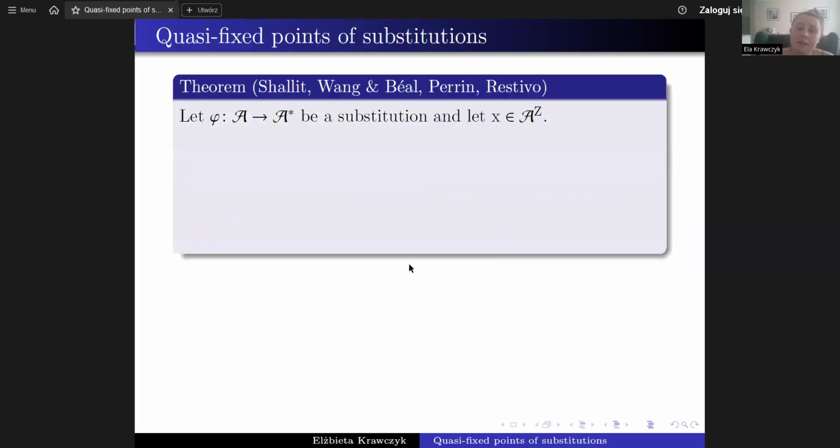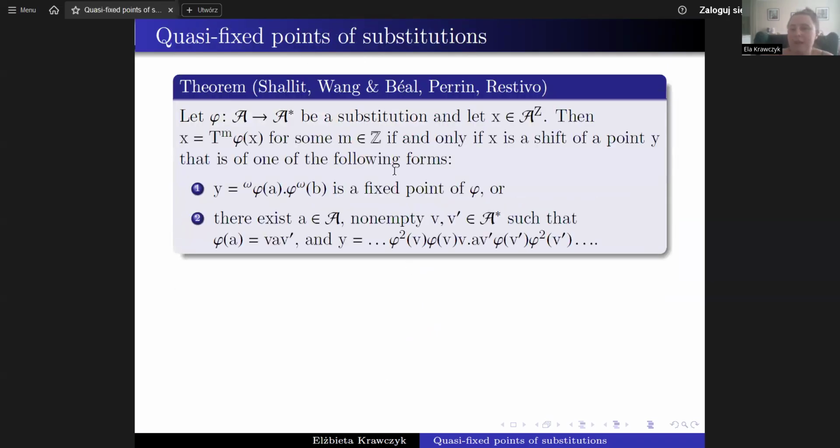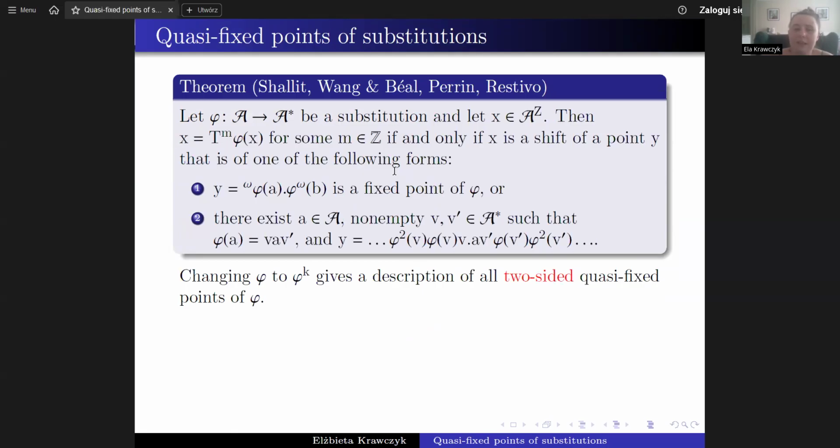Of course, this is not a problem, because having this description, I can just apply it to the kth power of phi, and then I get an analogous characterization of all quasi-fixed points. However, I should say that the name quasi-fixed point in the Béal, Perrin, and Restivo paper was just about points of this form, so when my k is 1.